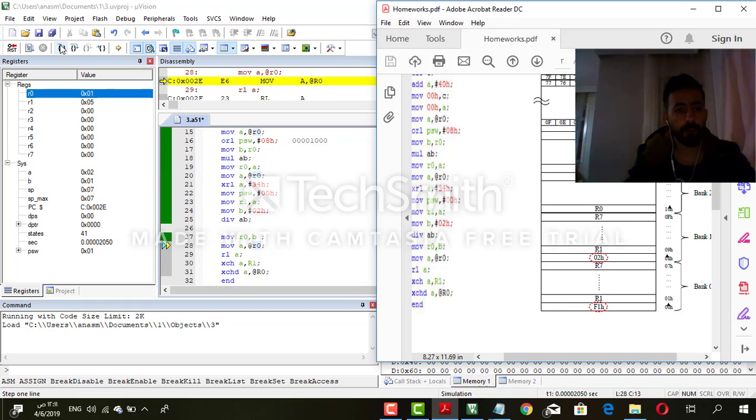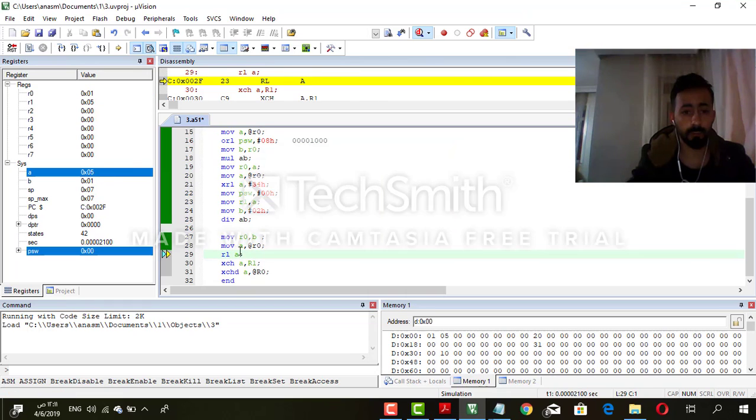After that we will do rotate left of a. Firstly, the value of a is 5 hexadecimal, which means 0000 and 5 is 0101. When we do the rotate operation, it will be like this: 0000, 1010. So the new value of a will be 10.